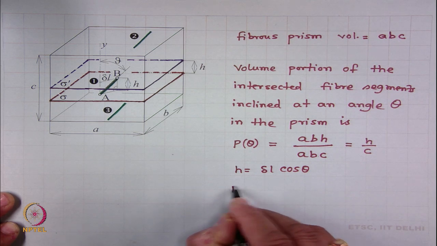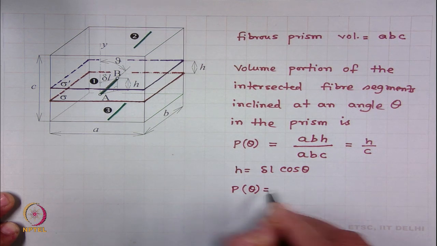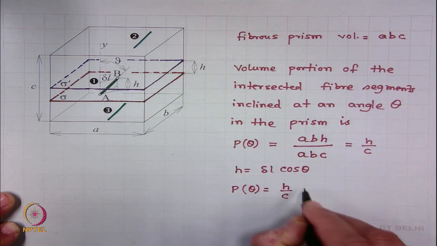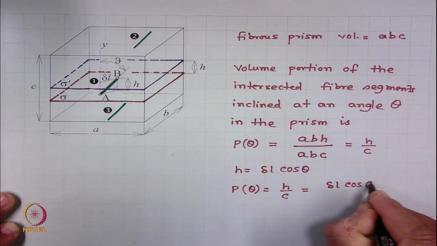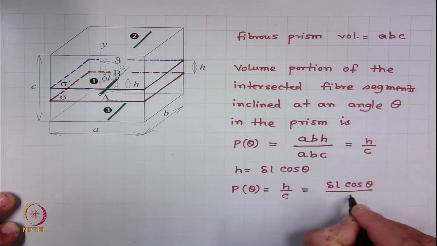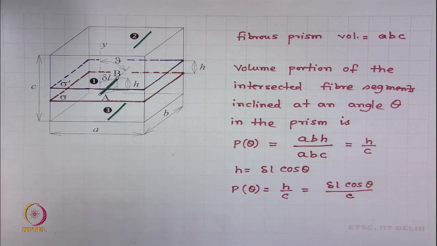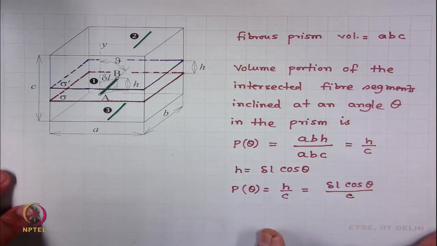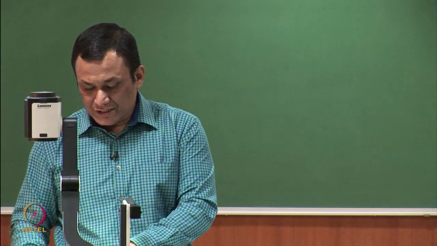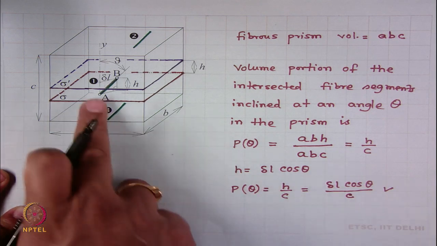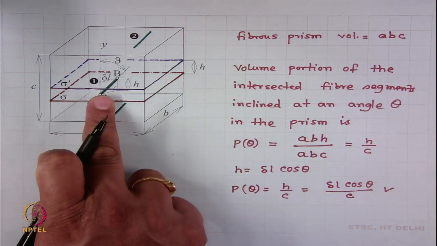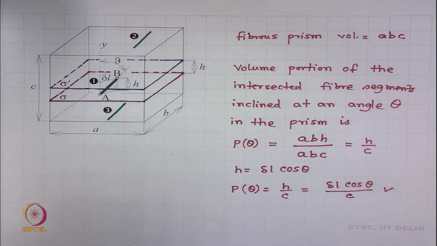So, we obtain this volume portion is equal to delta L cos theta divided by C. So, this is the expression for volume portion of intersected fiber segments which are inclined at an angle theta in the fibrous prism.